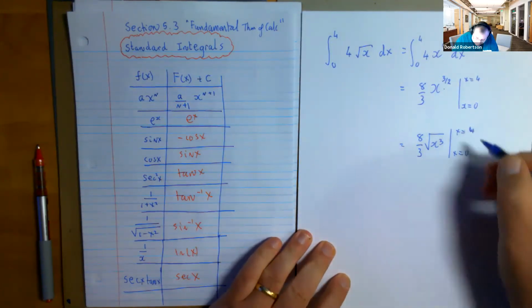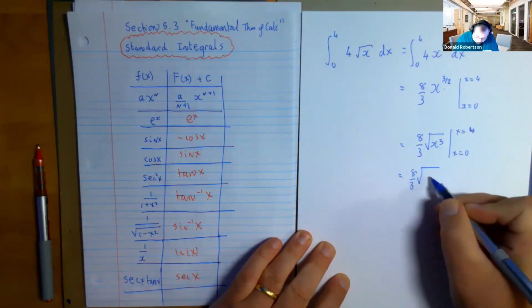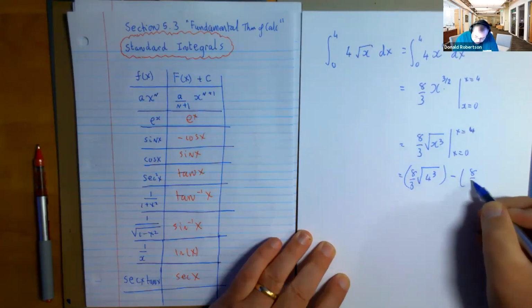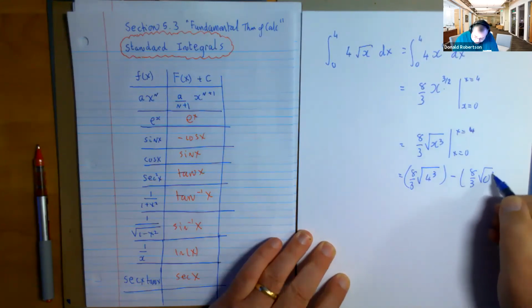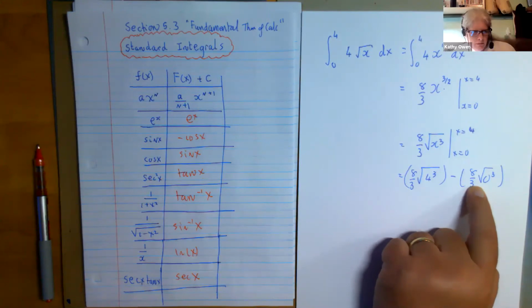So here goes. It's going to be 8/3 the square root of 4 cubed, take away 8/3 times that. I probably shouldn't have written that because I know what it is. What's that going to be equal to? 0. Can you tell that before I even wrote it, it was going to be 0?